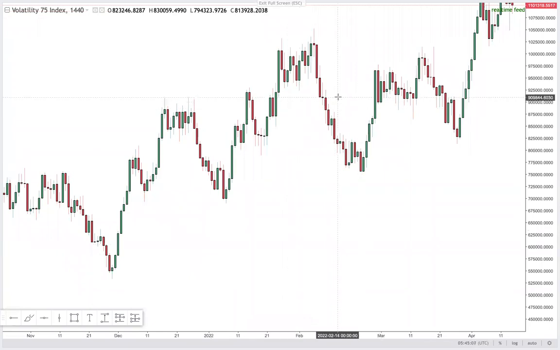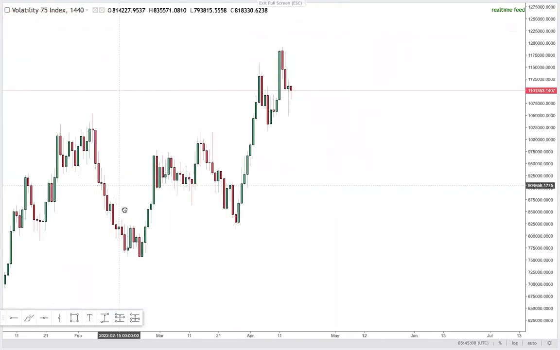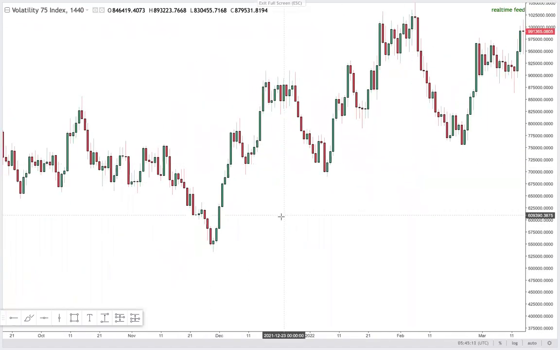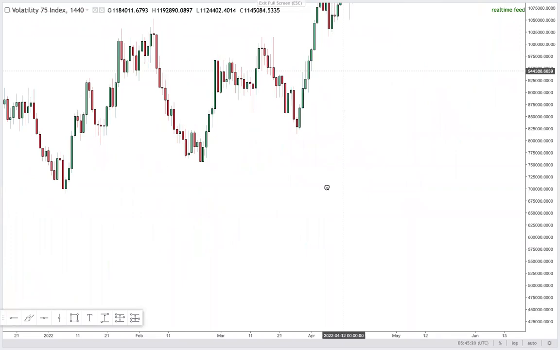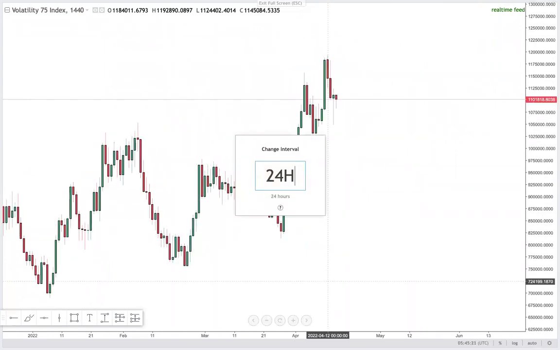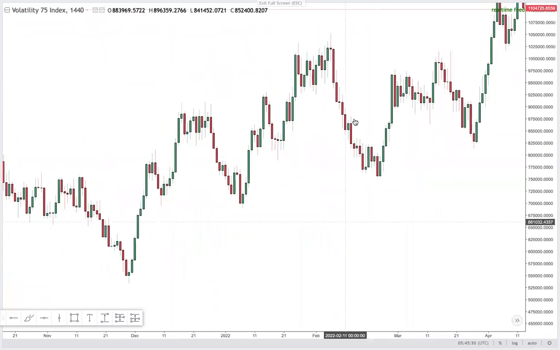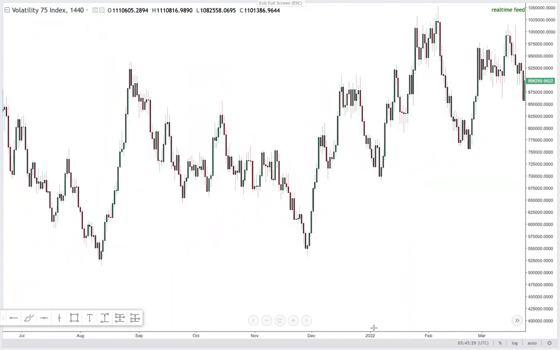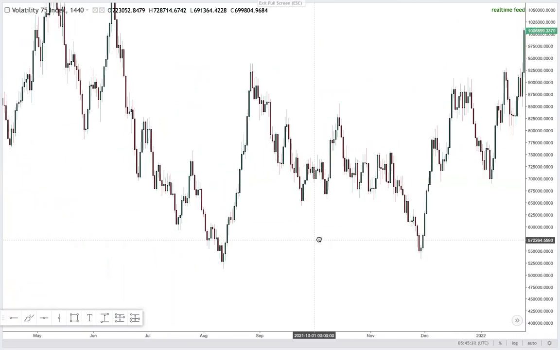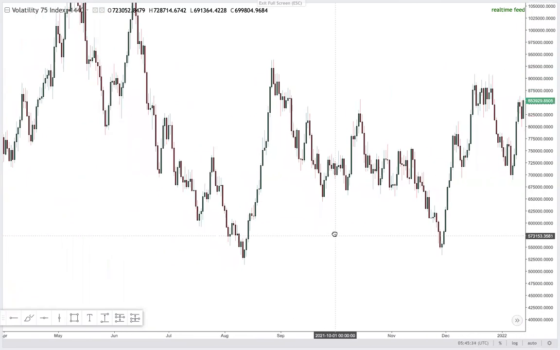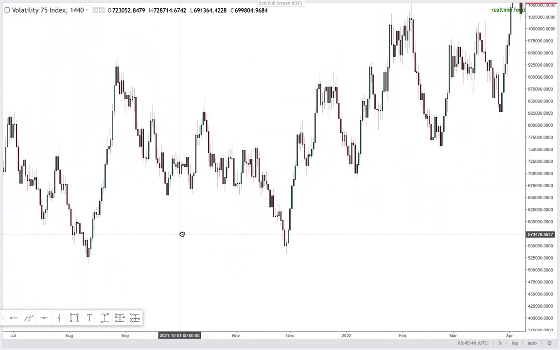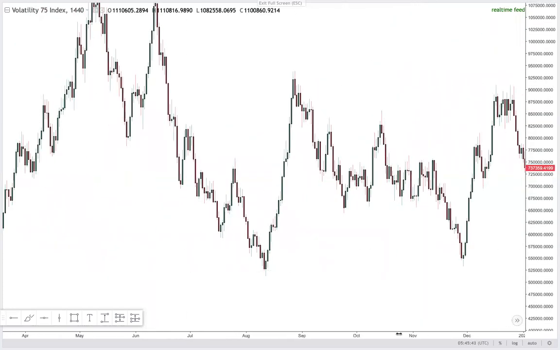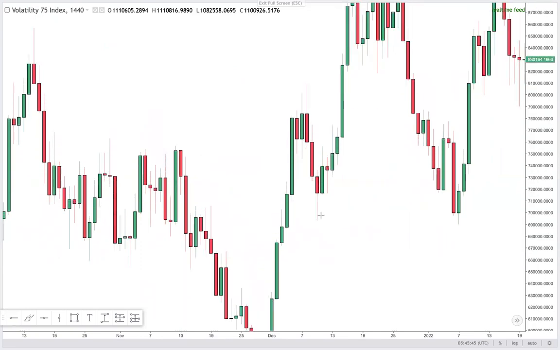So when you're looking at a hidden structure, just look for some examples. Okay, I think we have a hidden structure around here.